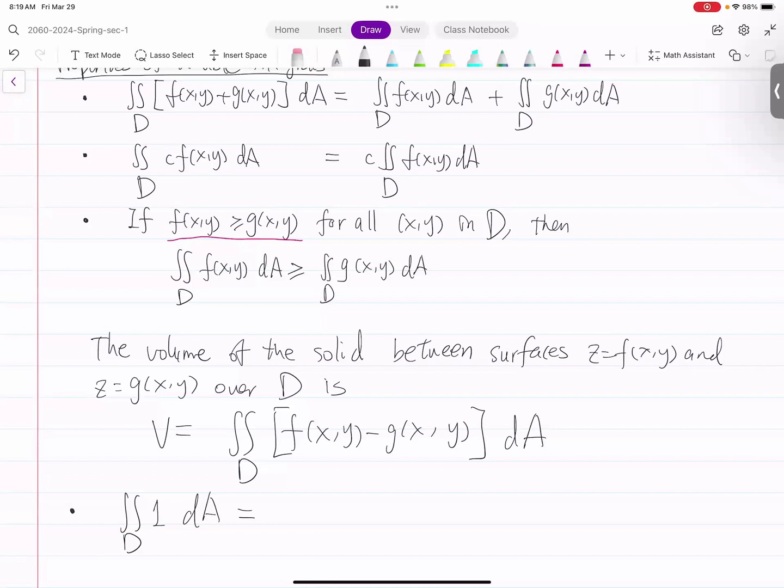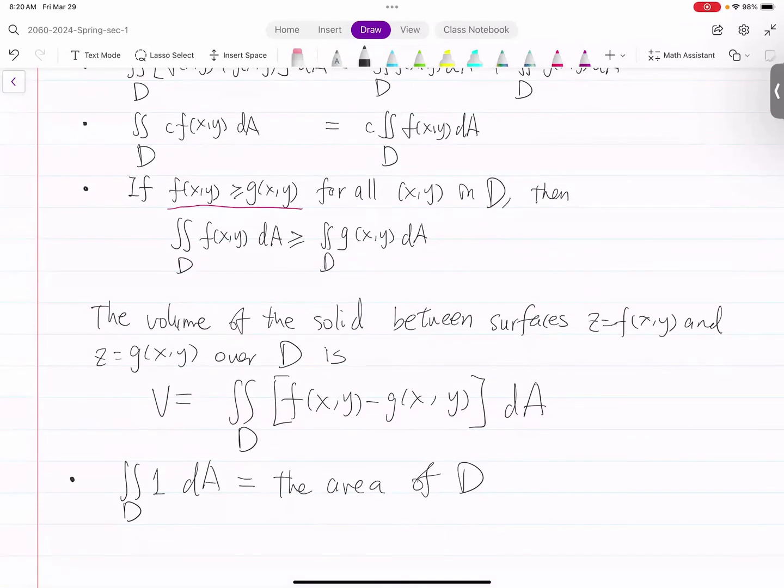You have the bottom region to be D, and here you're looking for the volume of the cylindrical shape where the height is always one, right? So the value of it equals the area of the base. So if you calculate this double integral, integrating one, that gives you the area of the region D.